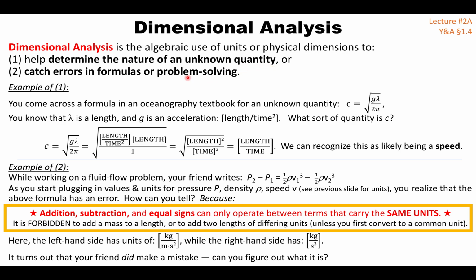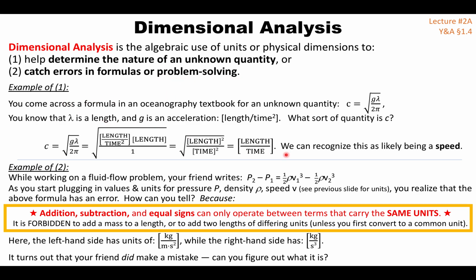The second thing is that dimensional analysis helps us discover errors or mistakes either in our initial formulas or in our algebra along the way. In fact, most of the time when we solve physics problems, and we're always plugging in the units as we go, we're doing dimensional analysis as we go.